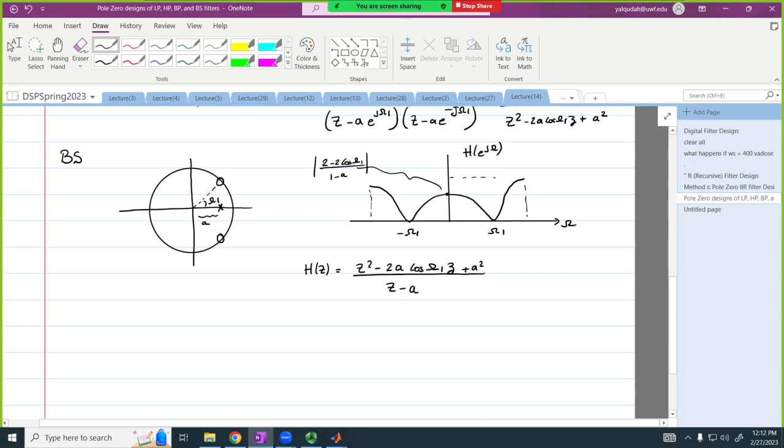Or you might choose the A based on the value here, which is going to equal 2 minus 2 cosine omega 1 divided by 1 plus A. Is that clear? Makes sense? Okay.